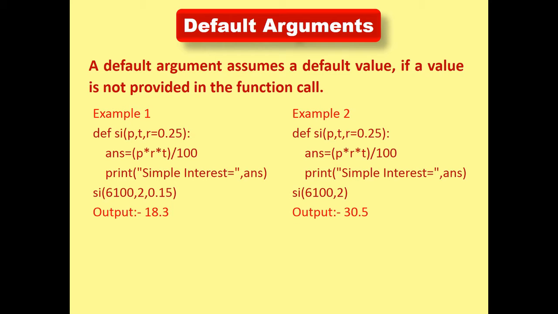It means 0.15 is automatically stored in variable R in spite of the default value that is 0.25.